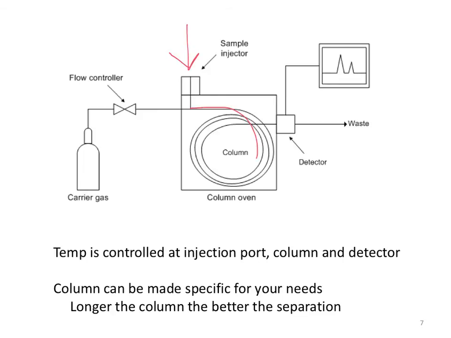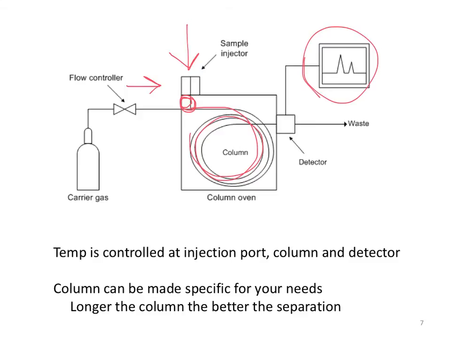The sample goes through the 30 meter column, and of course the carrier gas at a certain flow is going to carry the vapors of the sample through the column, and then we are going to see the detector response on the computer, and it's going to plot it, and that's what you're going to analyze.